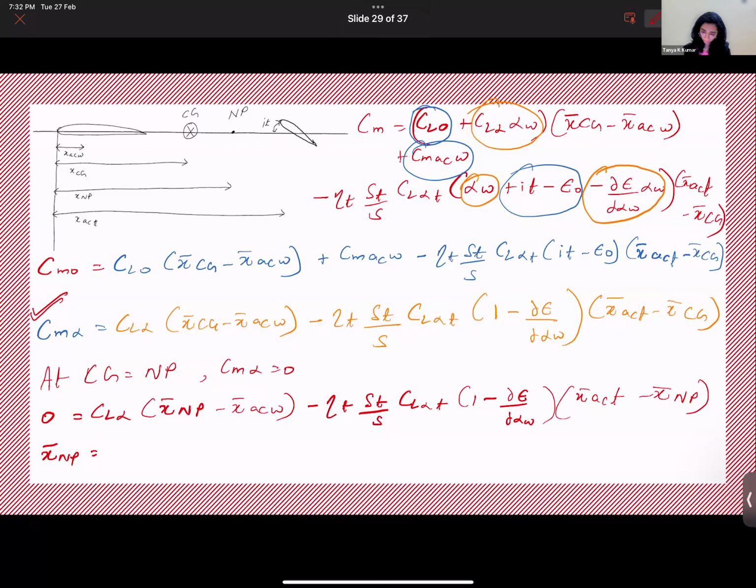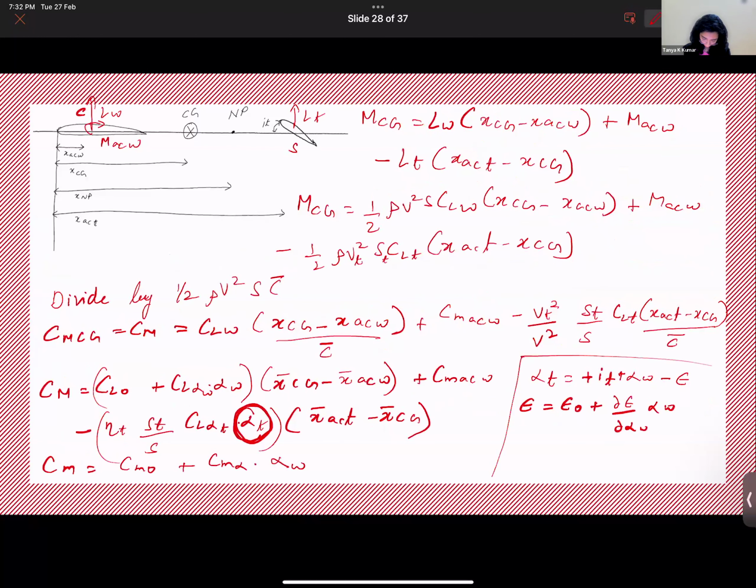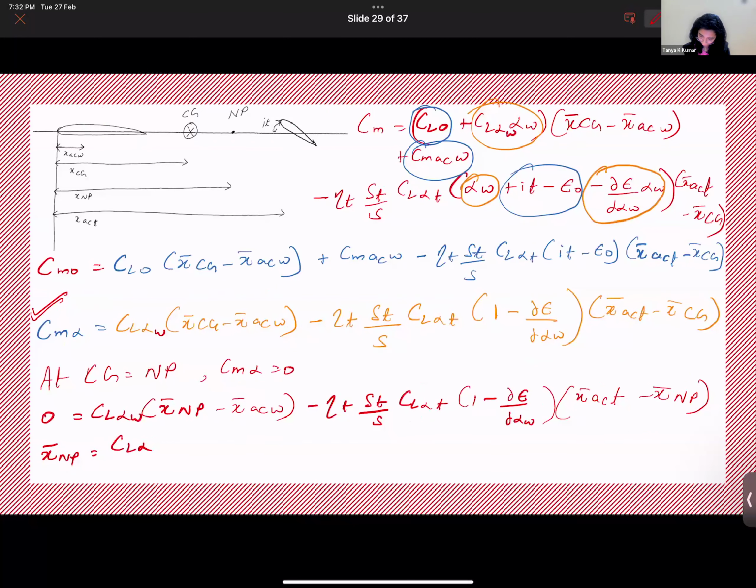Just do it. So it will be Cl alpha of the wing. Okay, so I think I have been skipping that. Cl alpha of the wing. Everywhere it's wing subscript.